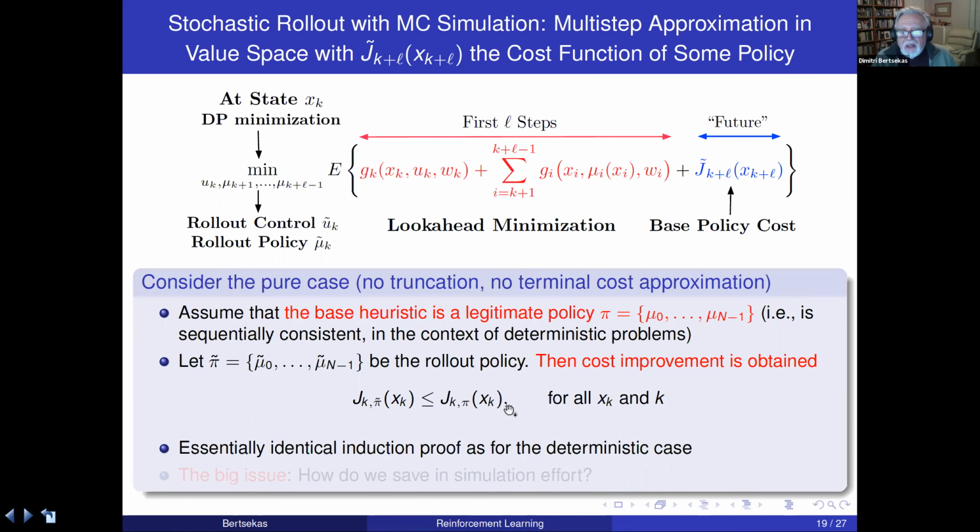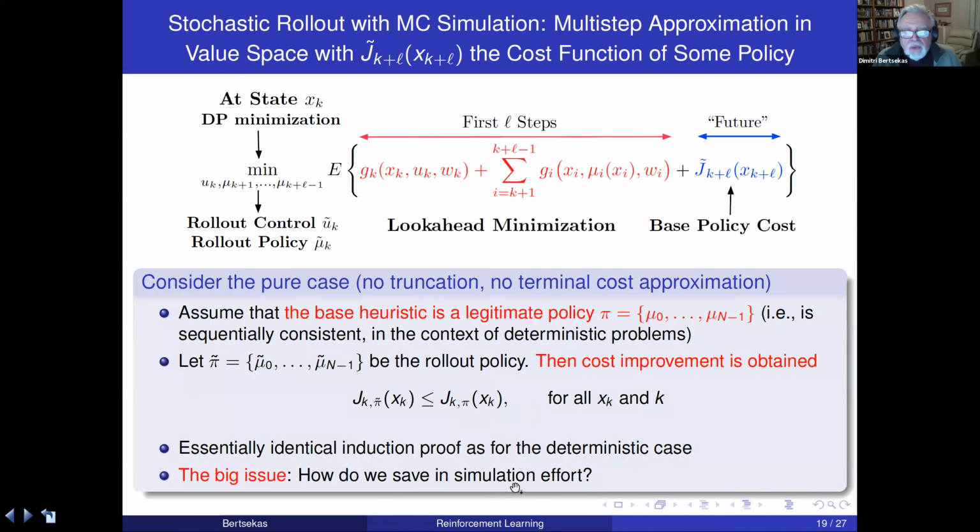So it holds under some idealized conditions. Also, this approximation, this value is not going to be exact because of simulation error. So in practice, this cost improvement property holds within some error bound, which is not easy to calculate.